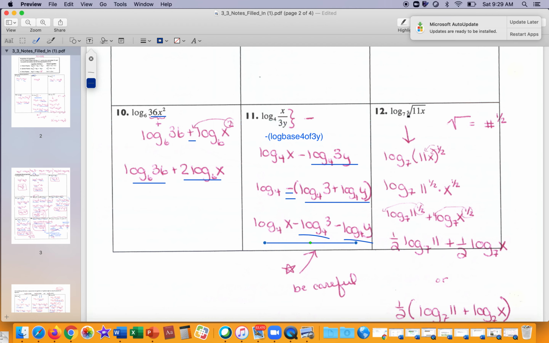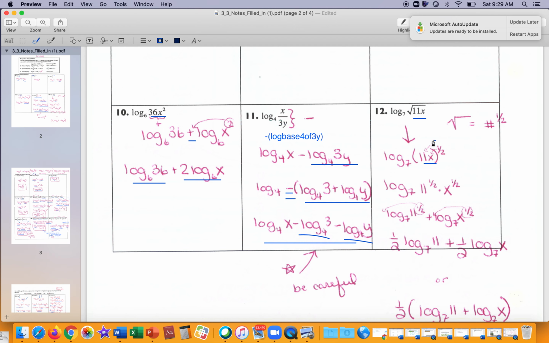Same with number 12, a little tricky. We see a square root, and we don't want to see any radicals when we're going to expand. So whatever's underneath stays in parentheses, raised to the 1/2.